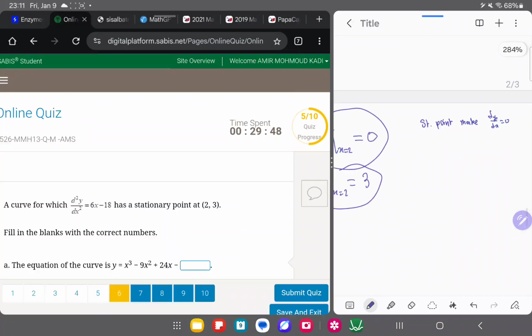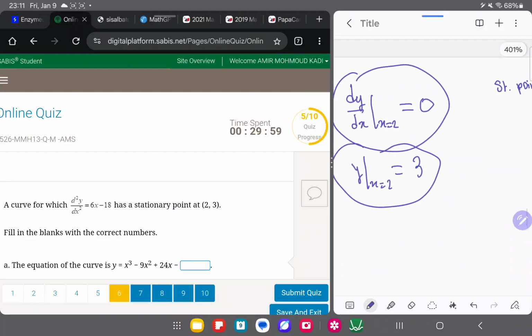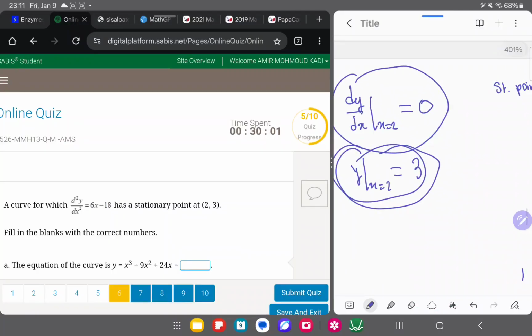And stationary point (2, 3) is also just a simple point on the curve, where x is the input and y is the output. That's why this statement over here is also valid.